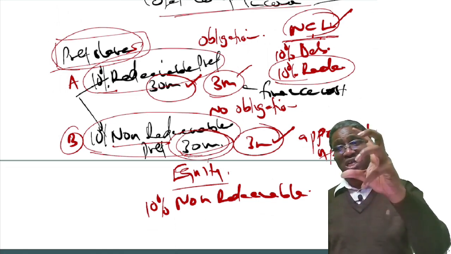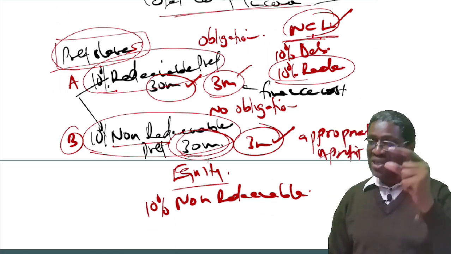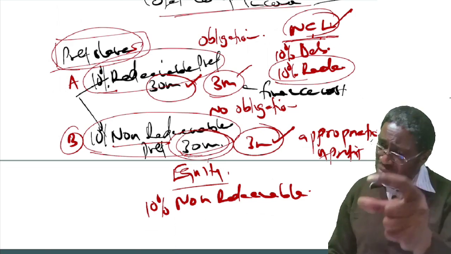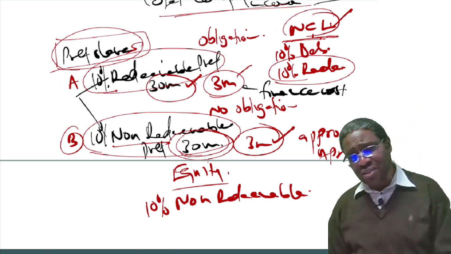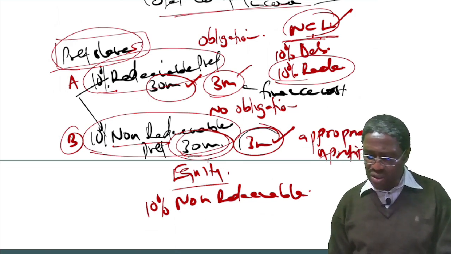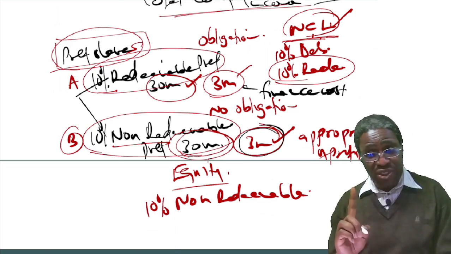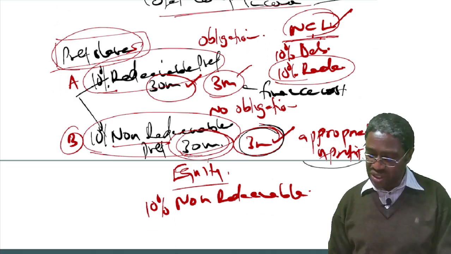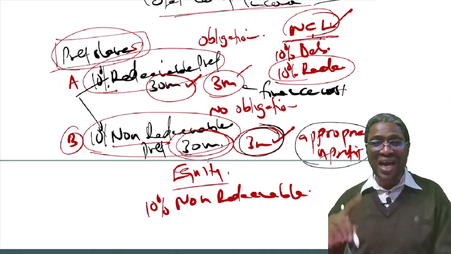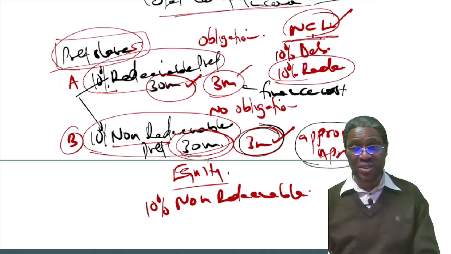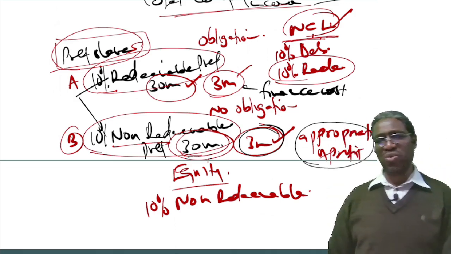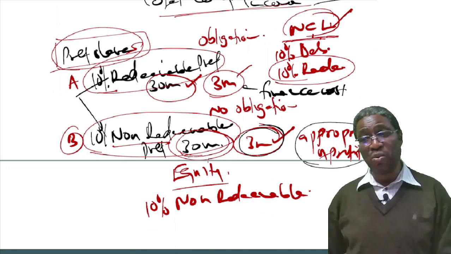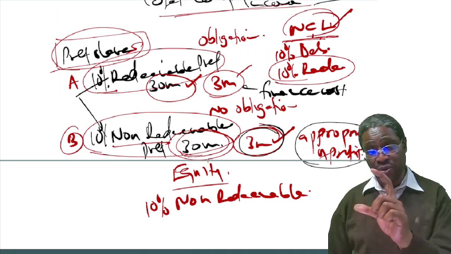It should be considered as a finance cost in the income statement. But any dividend on non-redeemable preference share should be treated as an appropriation of profit in the statement of changes in equity. I hope we have understood that important point.